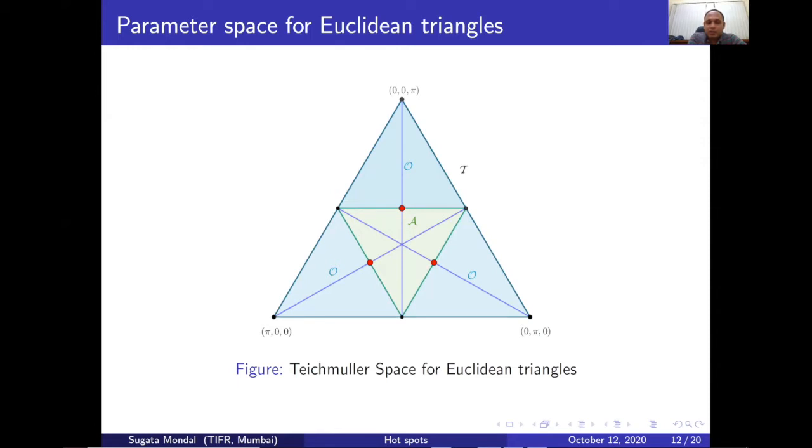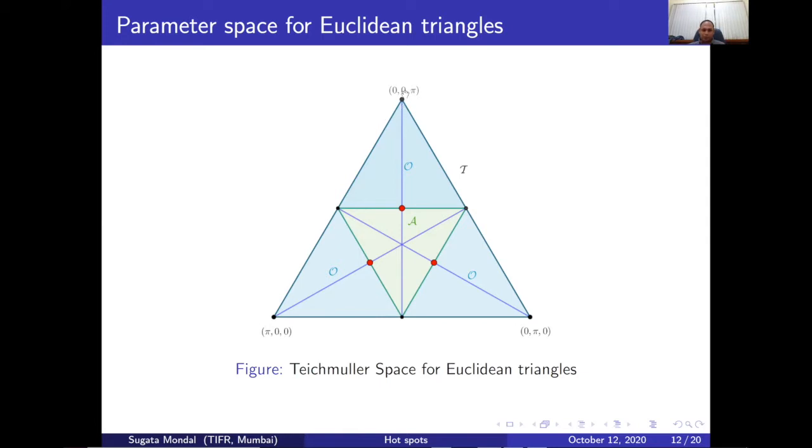And since we are in the Euclidean plane, alpha, beta, gamma satisfy the relationship alpha plus beta plus gamma is equal to pi. So if you take alpha, beta, and gamma as three variables, then the parameter space is the simplex determined by alpha plus beta plus gamma equal to pi, and that's exactly what this picture is representing.